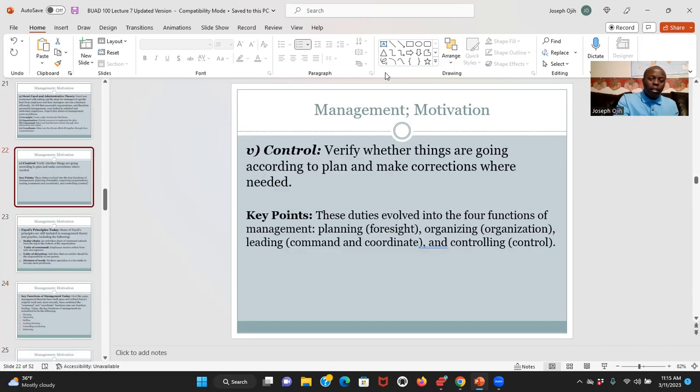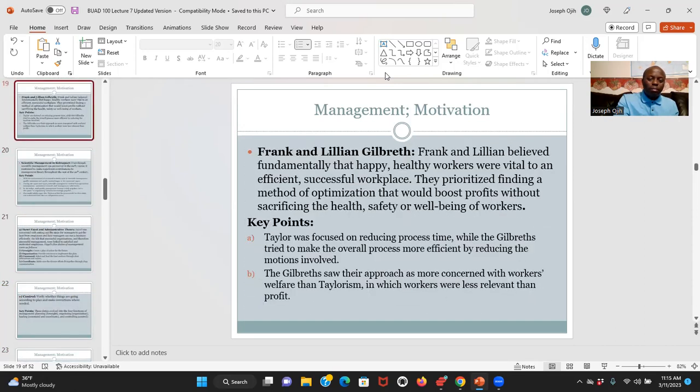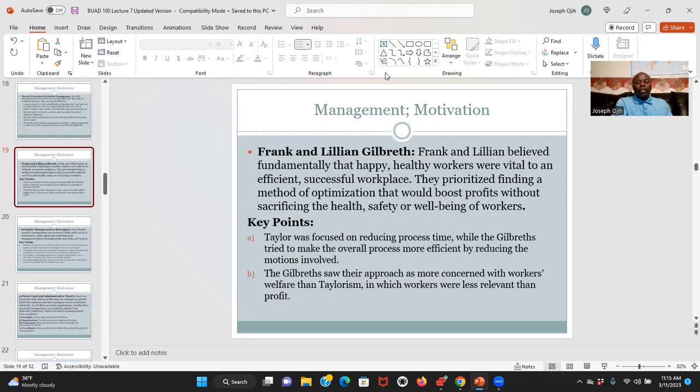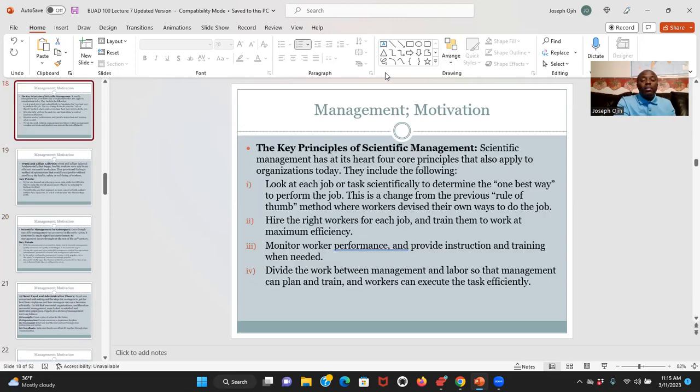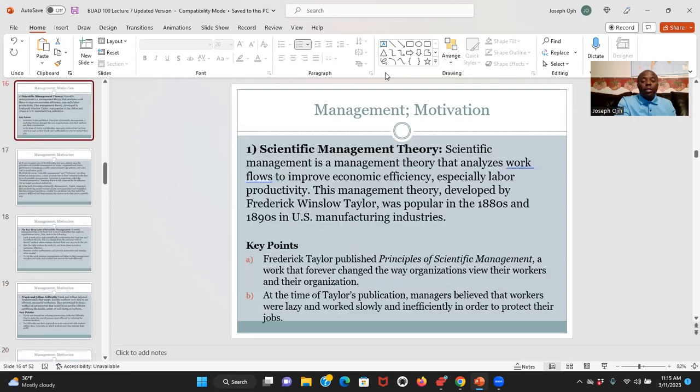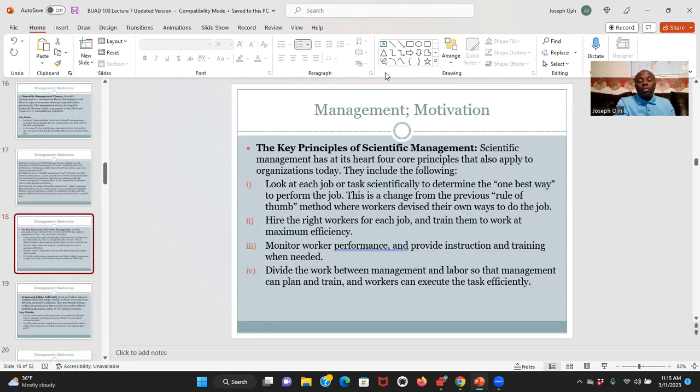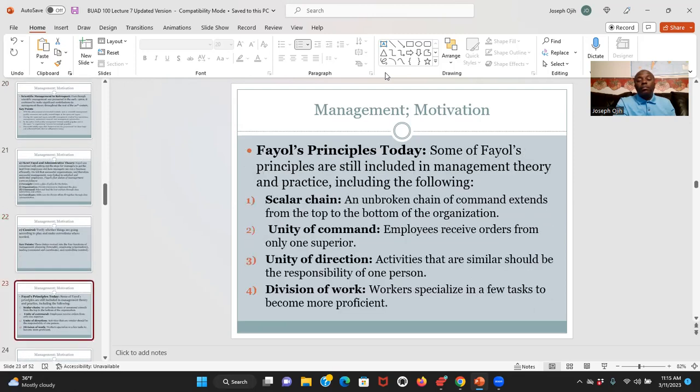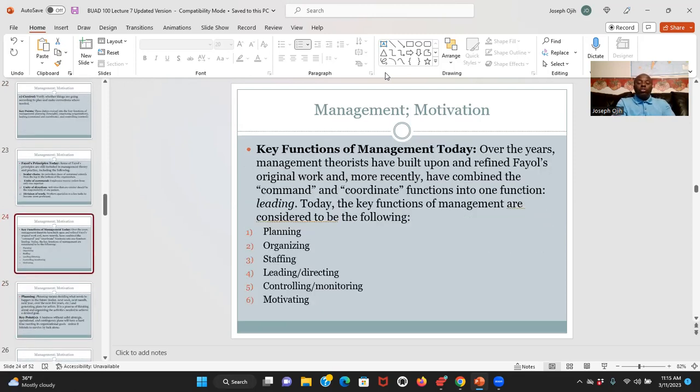Based on the background information we have about Henri Fayol, Frank and Lillian Gilbreth, as well as that of Taylor, the management functions can now be extracted from what they provided us and summarized into six functions: planning, organizing, staffing, leading and directing, then controlling and monitoring.